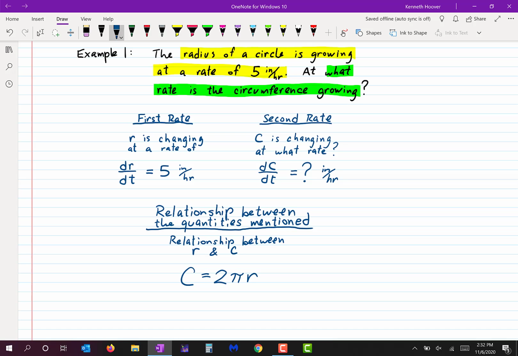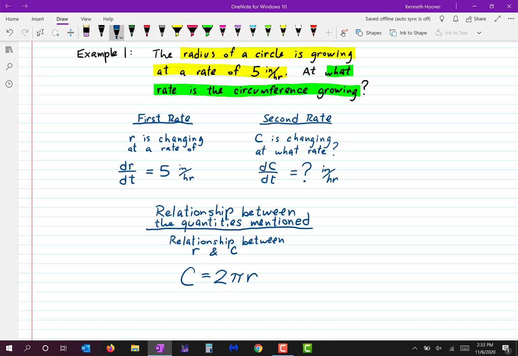Well, that's an important question, because the answer might be yes or no. It depends upon what kind of derivative you mean, because remember, even though people don't always say it, it's still an important piece of information that when you do the derivative, you have to know derivative with respect to what. Now, when I see that 2 pi r, if I wanted to find the derivative with respect to r, then the answer would be 2 pi.